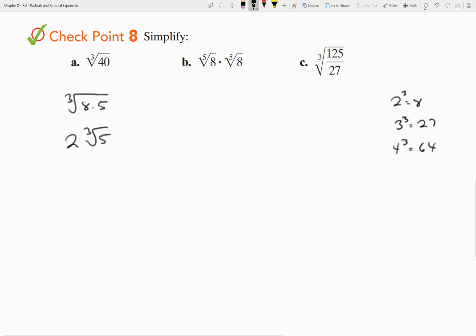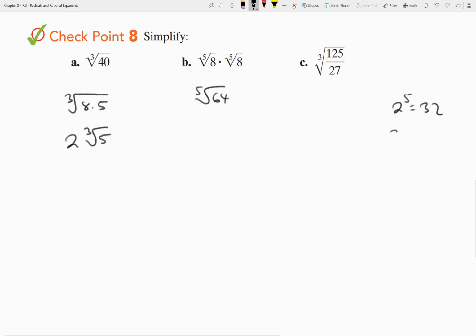Fifth roots. Fifth root of 8, nothing multiplies together 5 times to get 8. So I'm going to put these together, and I get the fifth root of 64. And luckily, that is no, sorry, it's not. It's not a perfect fifth root. If I'm not sure, I can go through my chart again. 2 to the fifth power is 32.